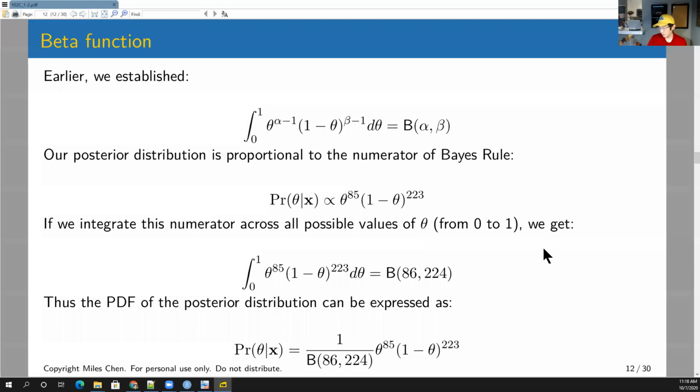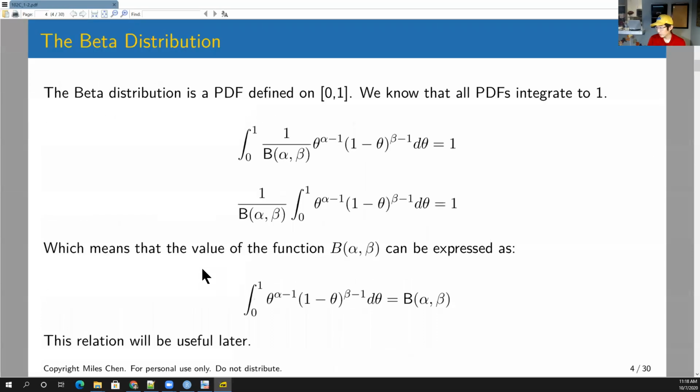If we go back to one of my earlier slides, we know that the beta distribution integrates to 1, and therefore we can establish that this portion will integrate to this. We established this on an earlier slide.